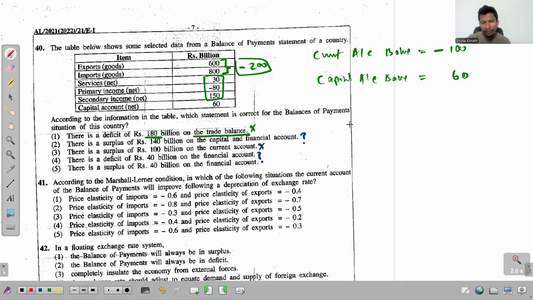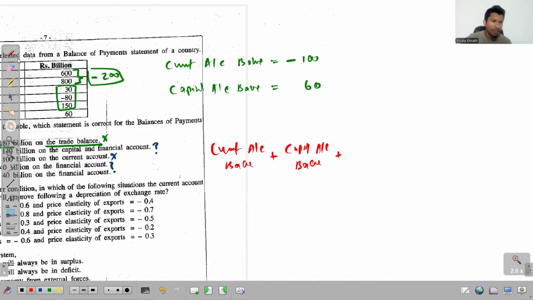You write current account balance plus capital account balance plus financial account balance plus the balance in errors and omissions account has to be 0.